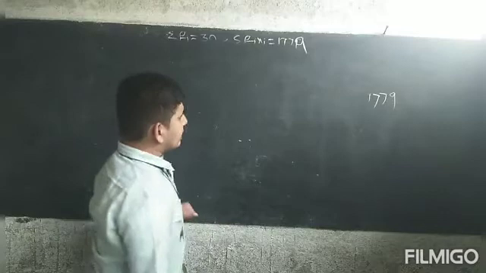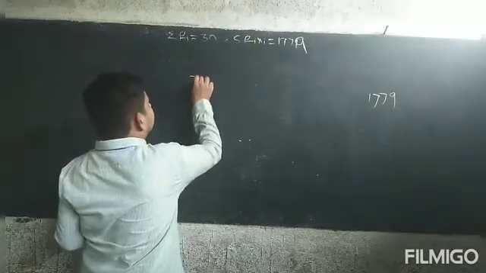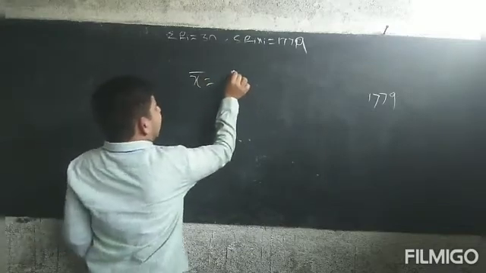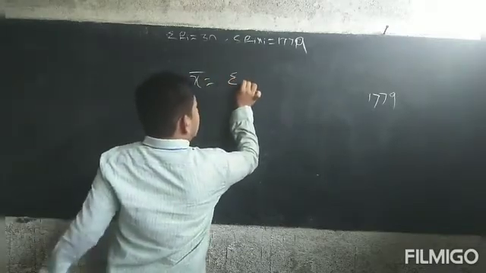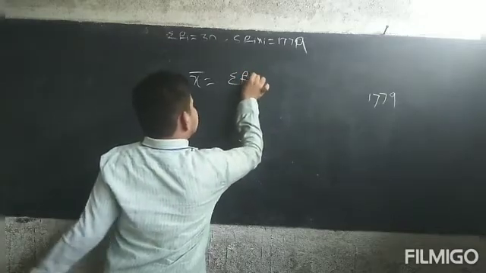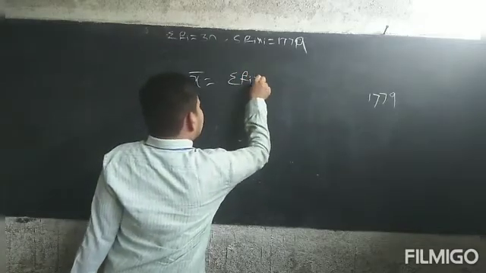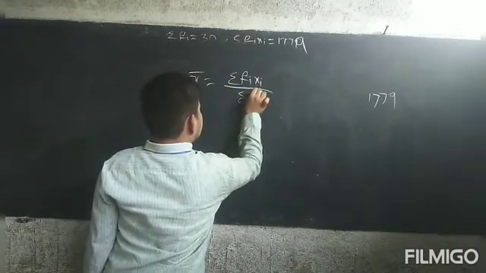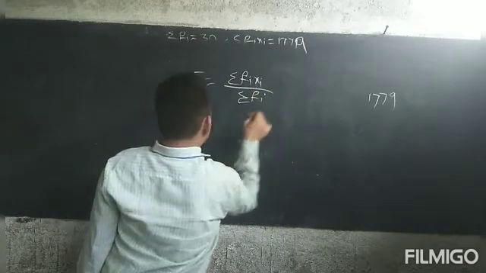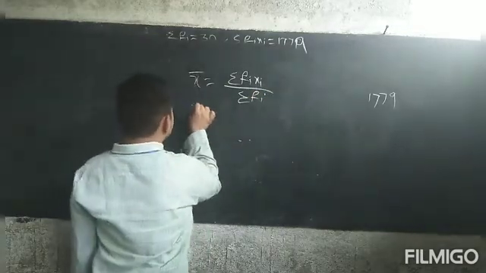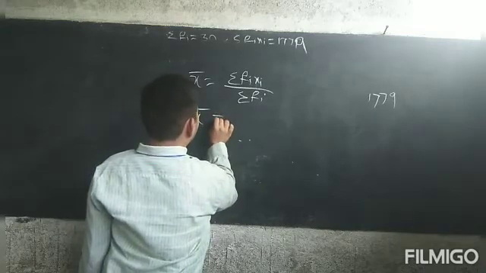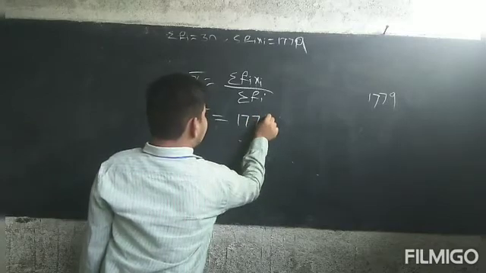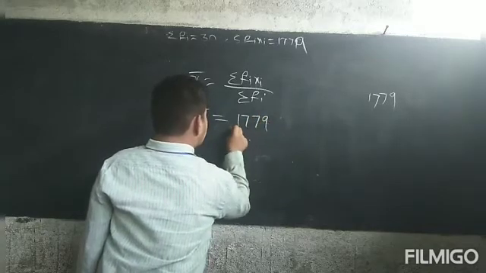That is nothing but x bar equal to sigma fi xi by sigma fi. Okay? That is nothing but x bar equal to 1779 by 30.